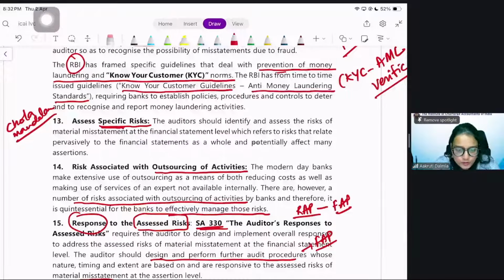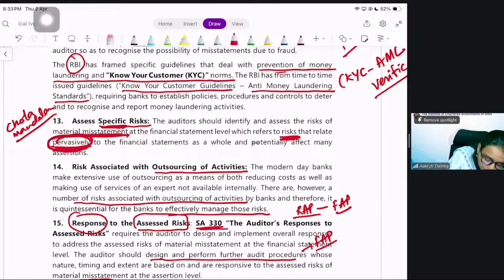I will tell you. Gold loans, meaning at Cholamandalam, which risk can affect the whole bank? Gold loan related risk, that people took loans by giving gold, and whether the gold is fake or not. Is that a specific risk of Cholamandalam or not? It is a risk specific to banks that are giving more gold loans. So what is it saying? That when you go to become auditor of a bank, you have to assess specific risk for that bank, the risk that can pervasively affect material misstatement of the financial statement as a whole and can affect many assertions.